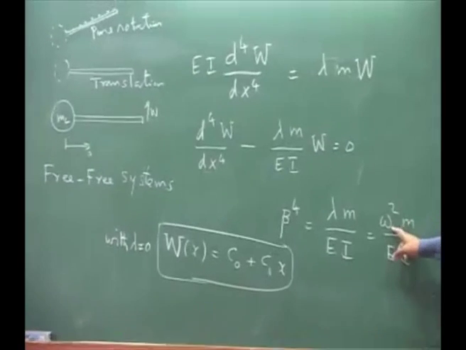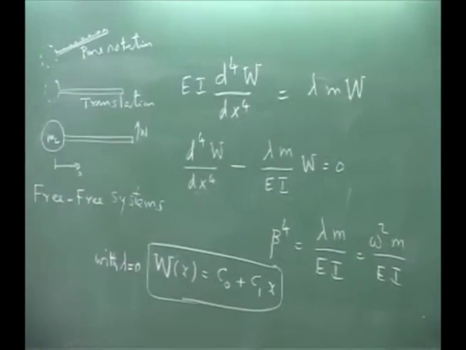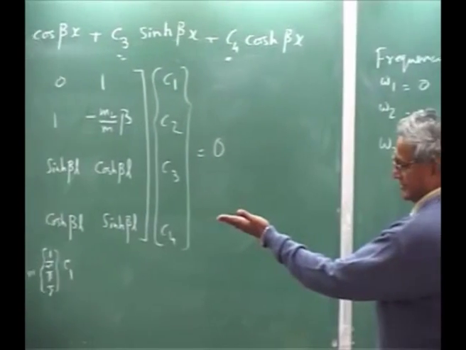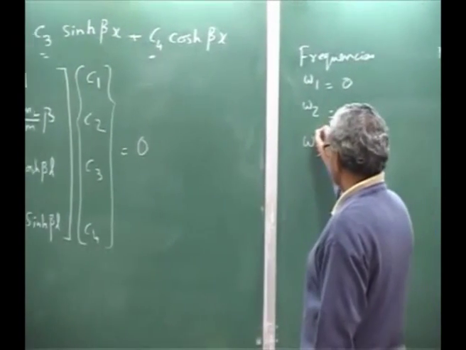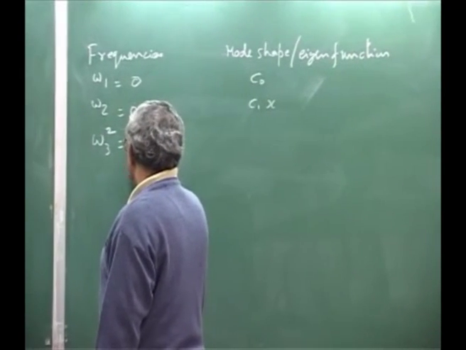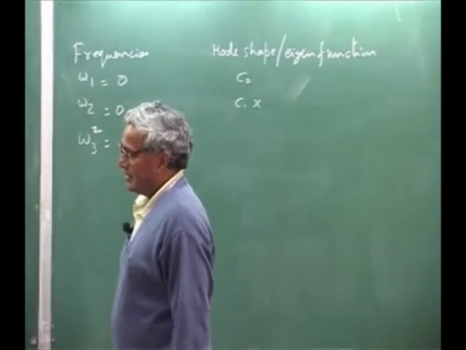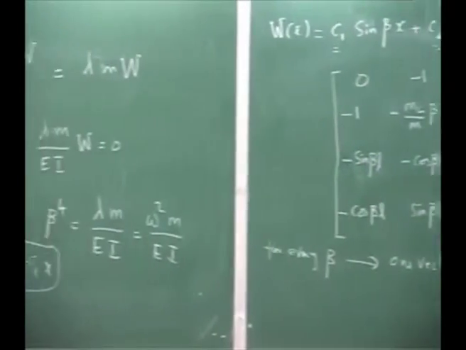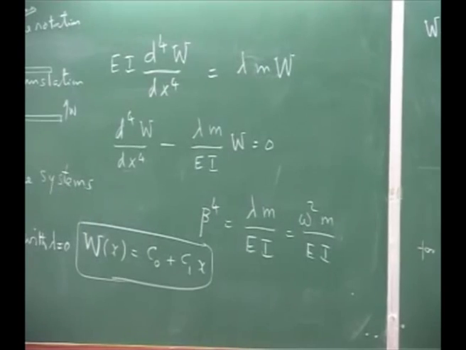Omega 3 square will be beta 3 something. It will be omega 3 square, EI over M, and beta some whatever, that power 4.